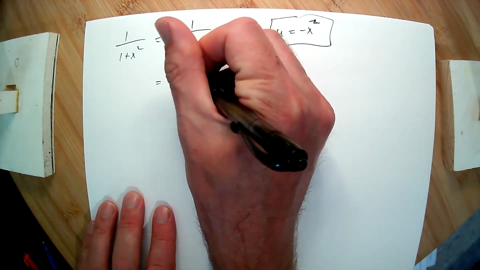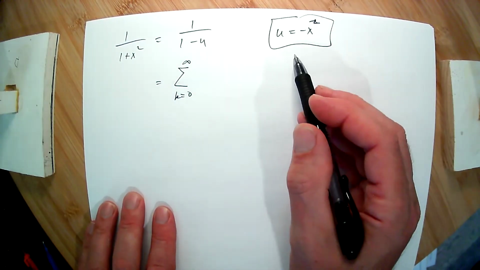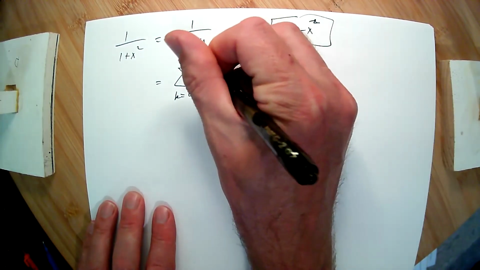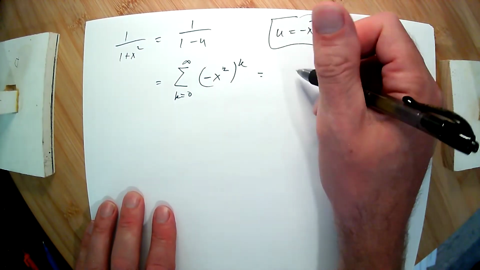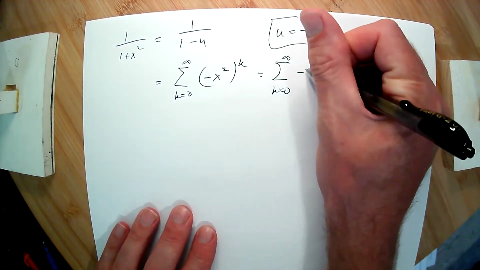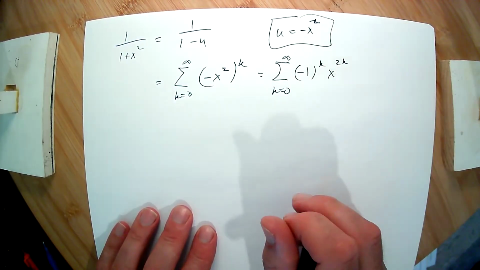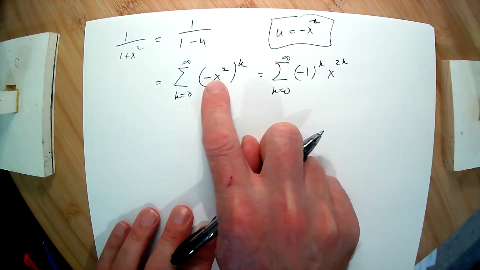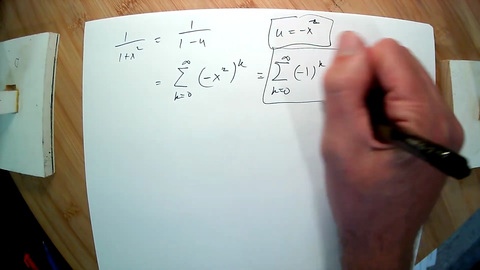So this is then going to be the sum, k goes from 0 to infinity, of u to the kth power, in other words, minus x squared to the kth, which is going to turn into the sum, k goes from 0 to infinity of -1 to the k times x to the 2k. So I just put the kth power on the two factors, the -1 factor right there, and then the x squared factor. So there's my power series expansion.